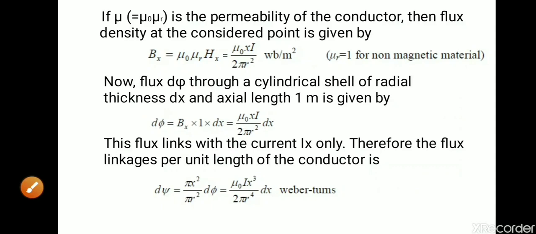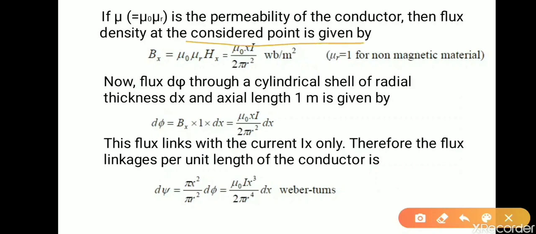Now, if μ is the permeability of the conductor, then the flux density at the considered point is given by B(x) equals μ0 μr H(x), where μ0 is the vacuum permeability and μr is the relative permeability.